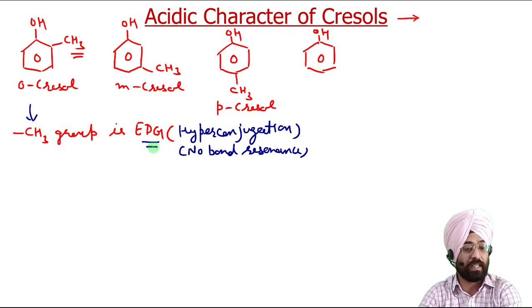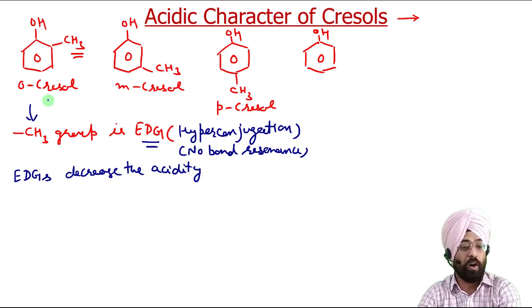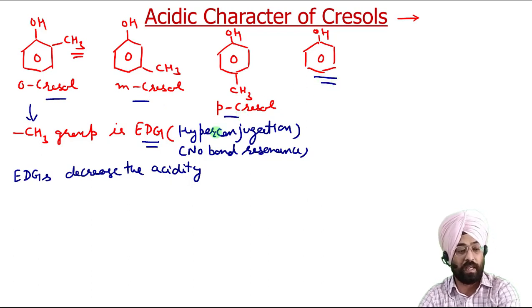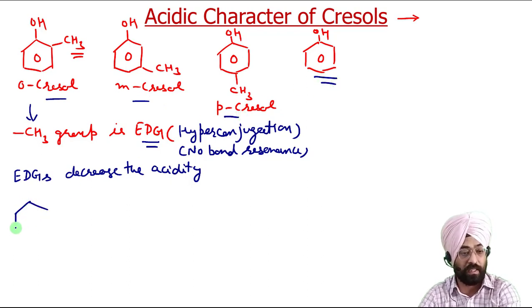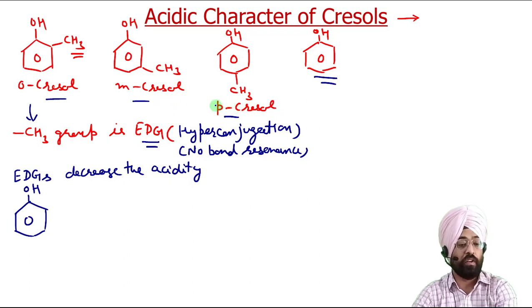Now we know that electron donating groups decrease the acidity. So that means all these cresols are less acidic than phenol. Phenol has higher acidity, so we will write the most acidic is phenol.